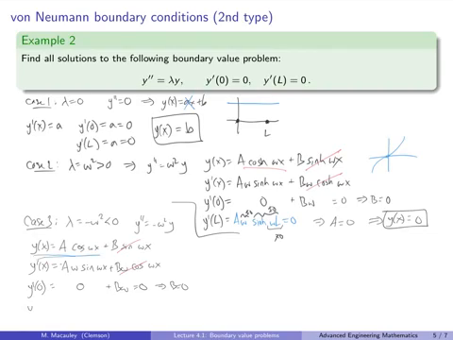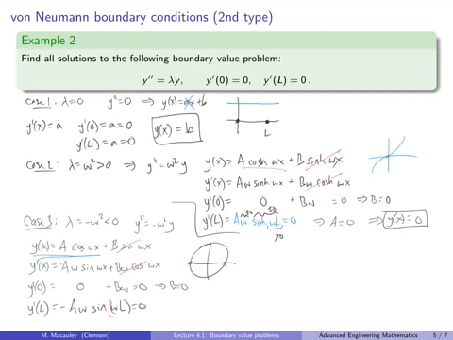So now y prime of L, plugging L in here, is negative a omega sine of omega L equals 0. And remember, with the unit circle, if sine of something equals 0, then that something has to be equal to n pi.